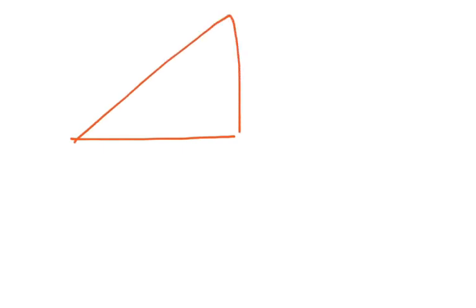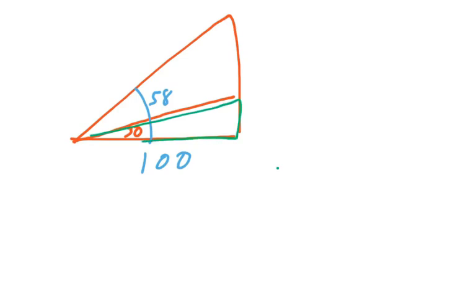Alright, we're going to do one more problem, which is problem number 8. And so we're trying to figure out how big this tower is, where this is 30 and this is 58 and this is 100 feet. So the first thing I'm going to do is find this side for x.